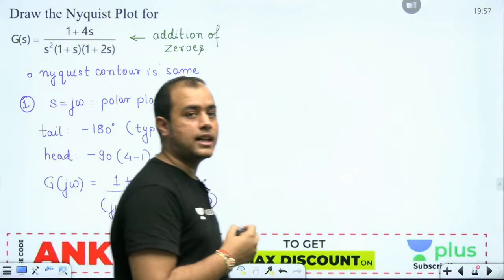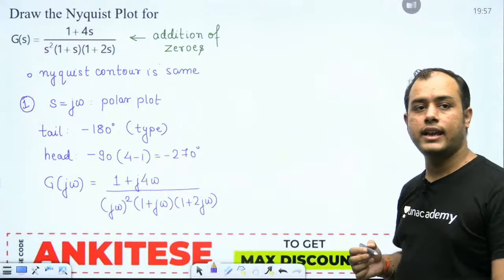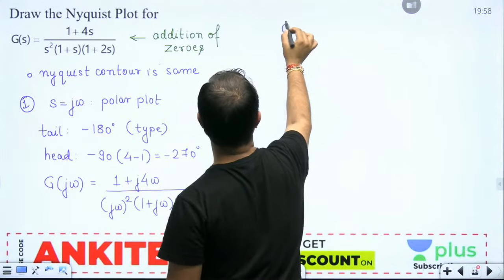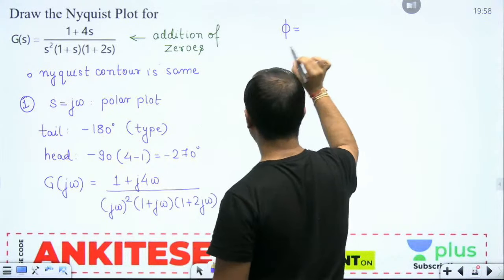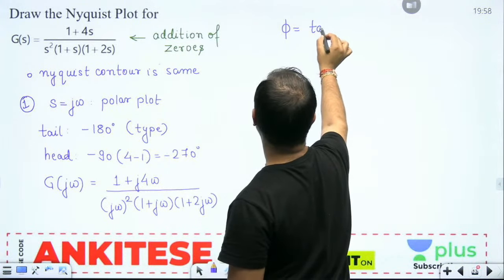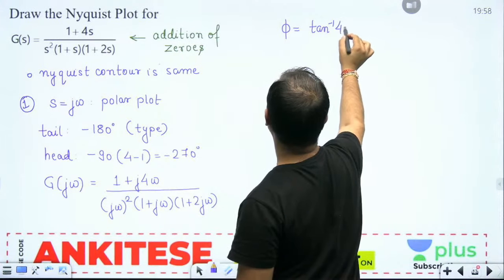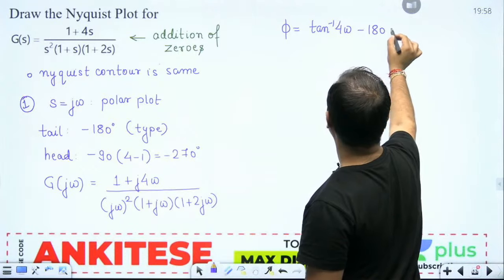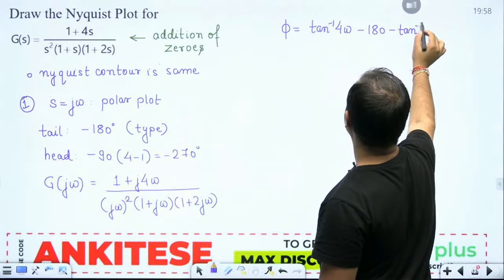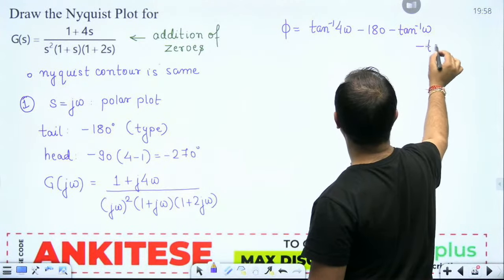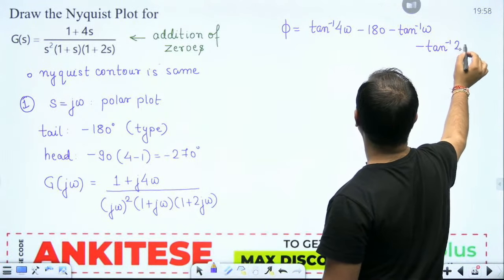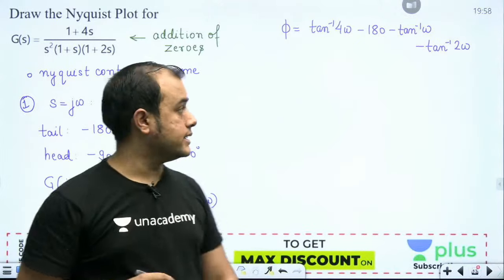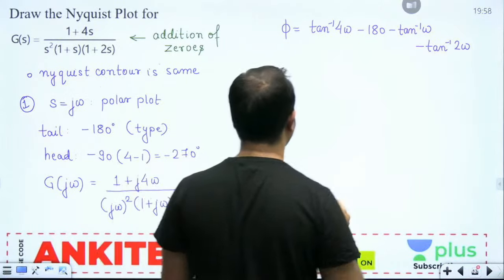This is the value of the transfer function. Now phi equals tan inverse 4 omega minus 180 minus tan inverse 2 omega minus tan inverse 2 omega.